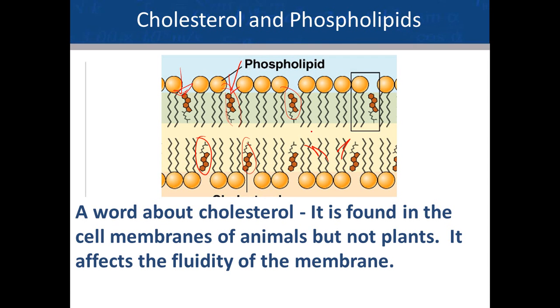Well, the cholesterol molecules can fill in those spaces and anchor those phospholipids and actually do just the opposite. It's going to make the membrane less fluid. So whether the cholesterol makes the membrane more fluid or less fluid depends upon whether you're talking about saturated phospholipids or unsaturated phospholipids.